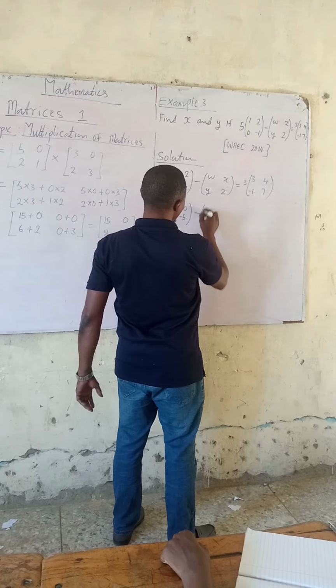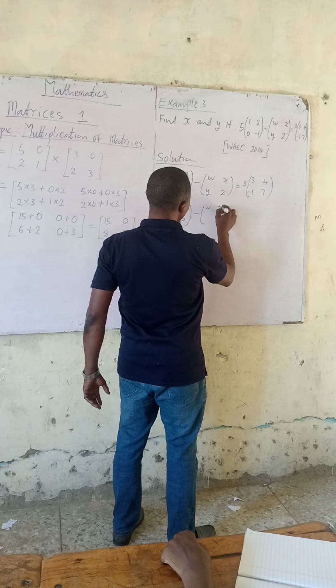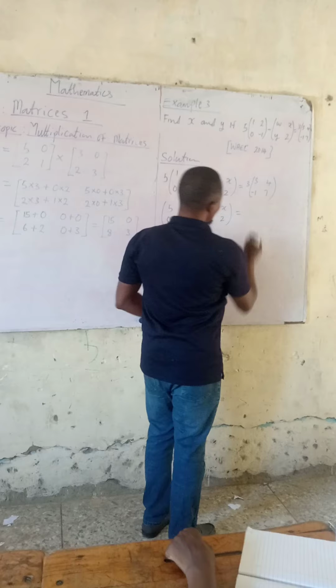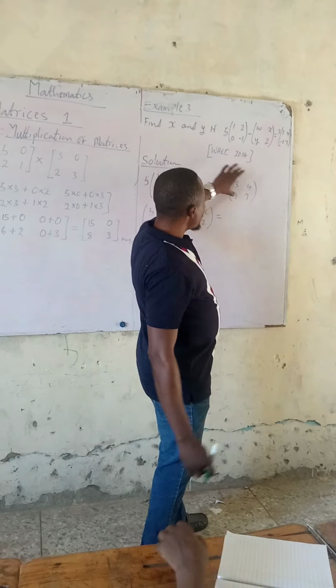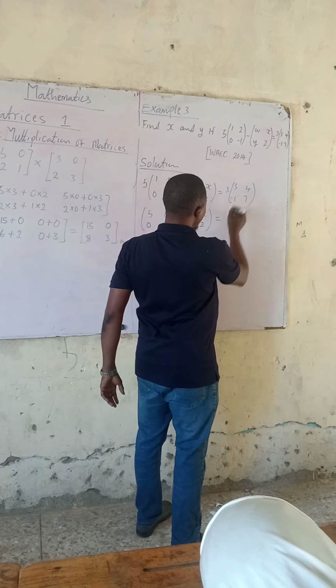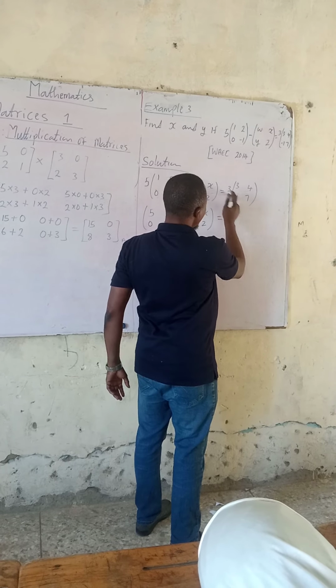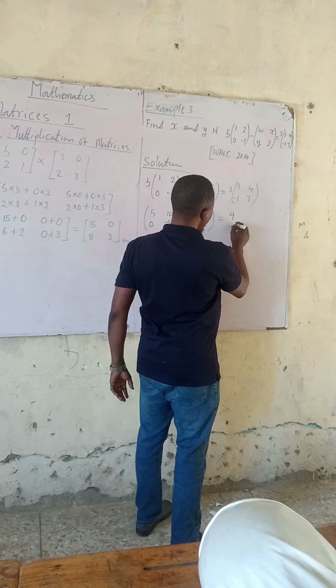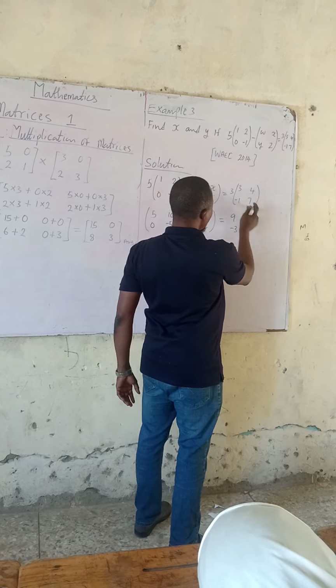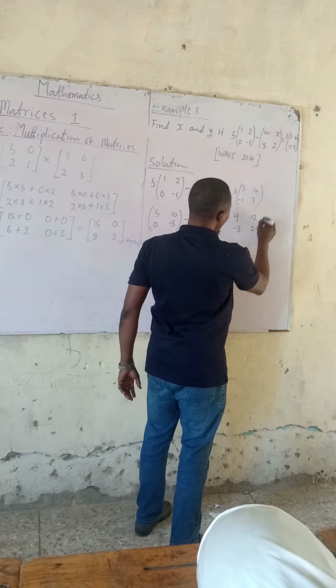Then minus [W, X; Y, Z] equals, we are going to use this 3 to multiply everything in the bracket. So we now have 3 times 3, 9, 3 times minus 1, minus 3, 3 times 4, 12, 3 times 7, 21.